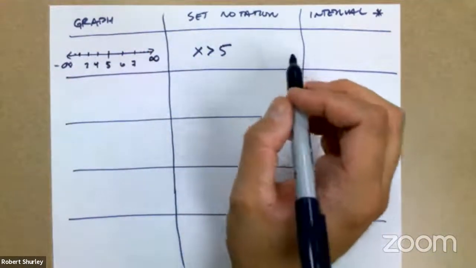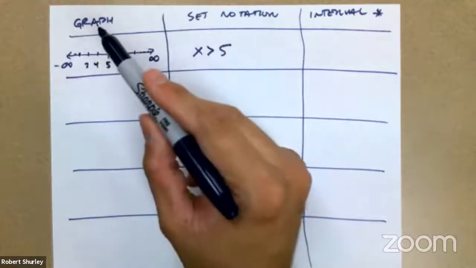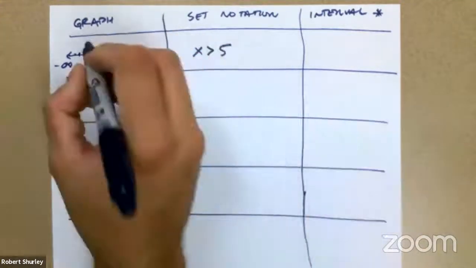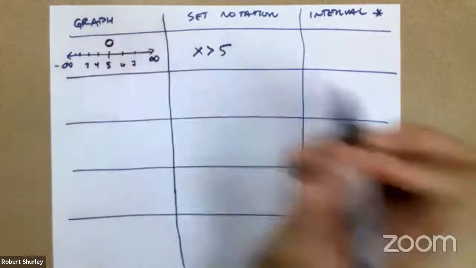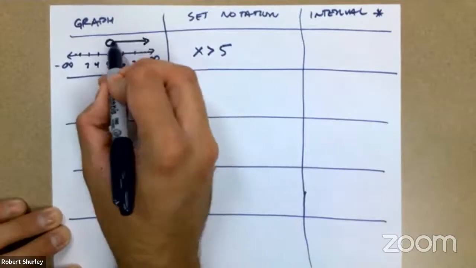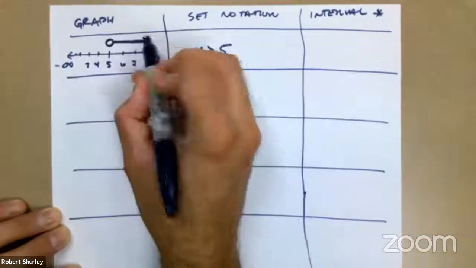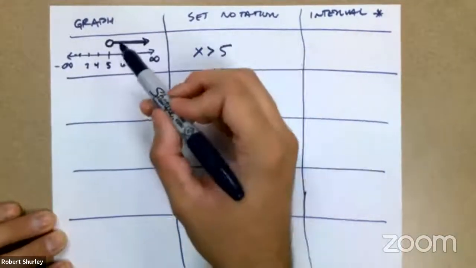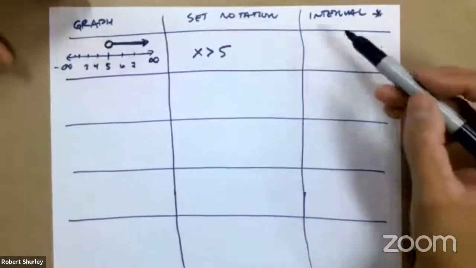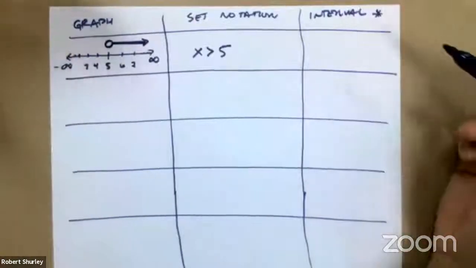Now, for the graph, what you probably learned was that if it was greater than or less than, you used an open circle. Does that sound familiar? And then if it's greater than, it goes to the right. So x is greater than 5 means we get this open circle and we go to the right.